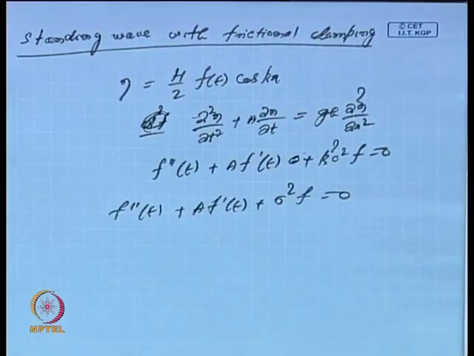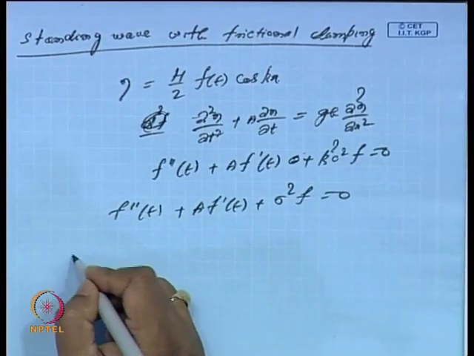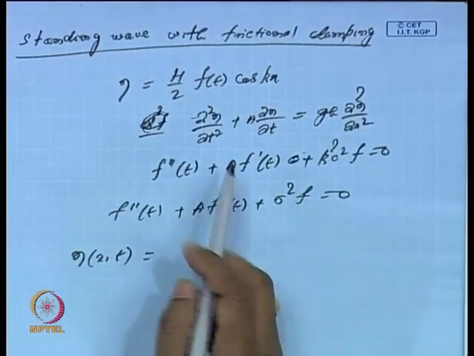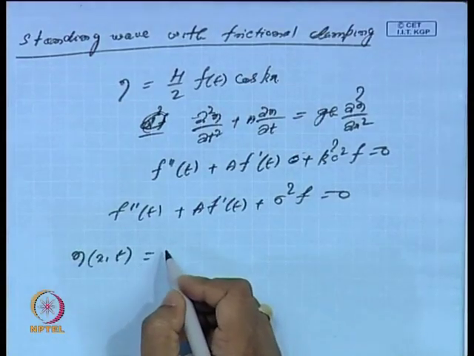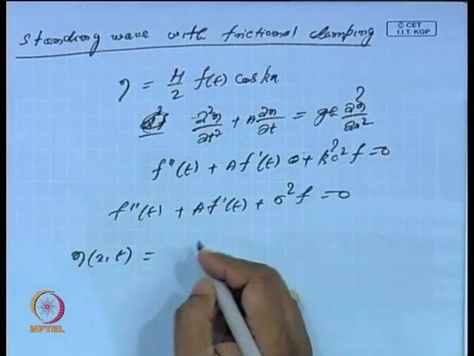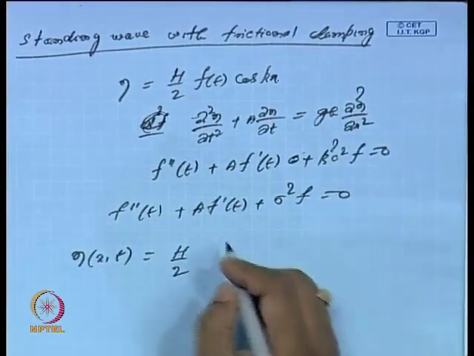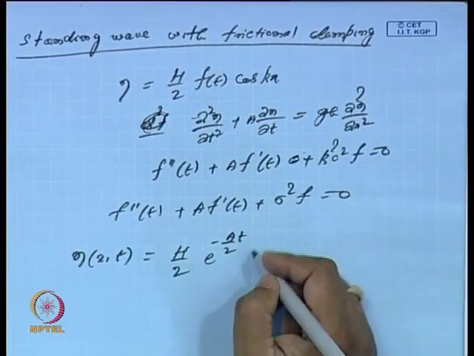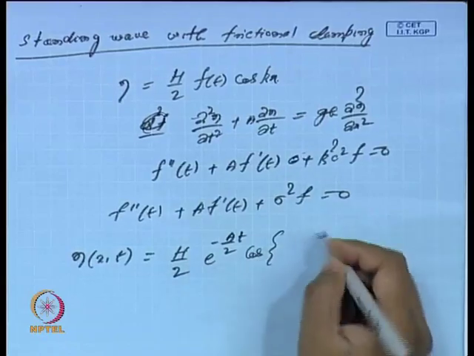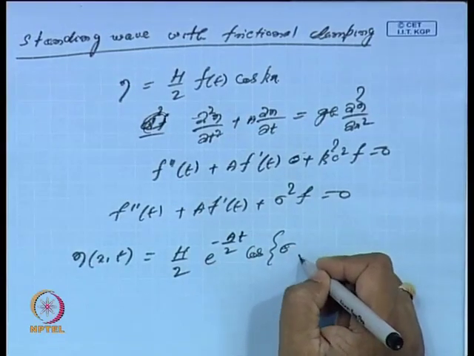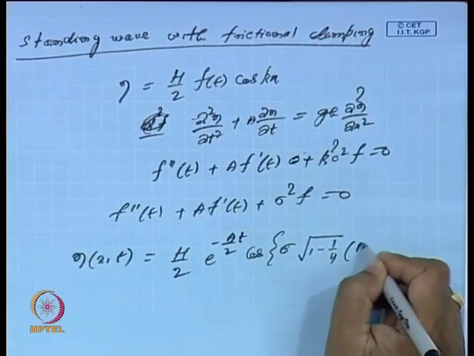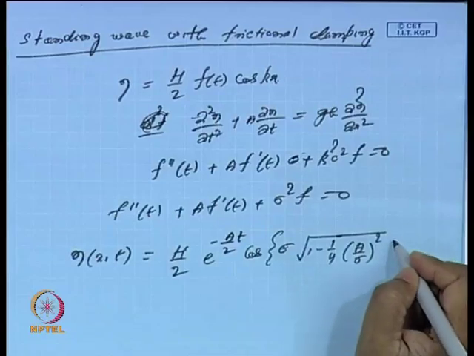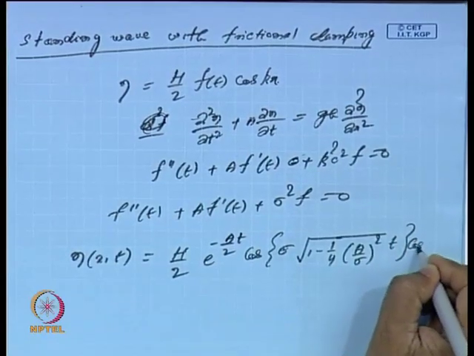And if I look at the solution of this equation, this is my f of t, and the solution eta x t will be H by 2 into e to the power minus a by 2 t into cos of sigma times the square root of 1 minus 1 by 4 a square by sigma square into t, into cos kx.